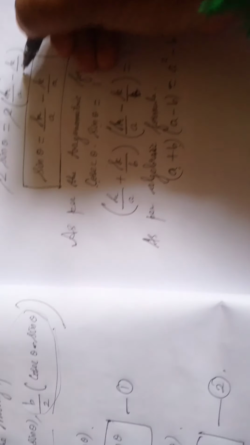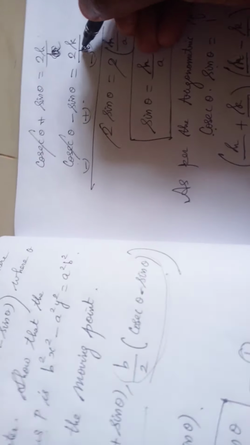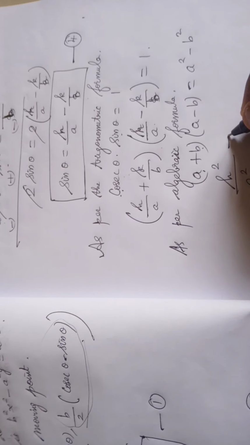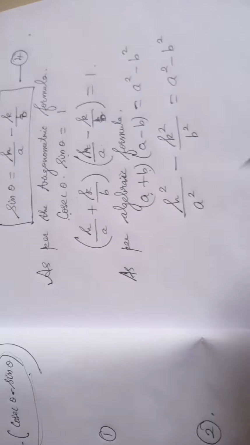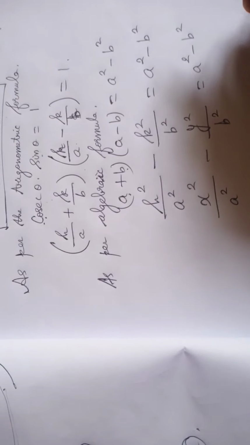So it becomes h² by a² minus k² by b² equals 1. Here h is x and k is y, so x² by a² minus y² by b² equals 1.